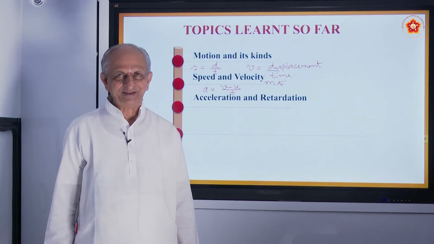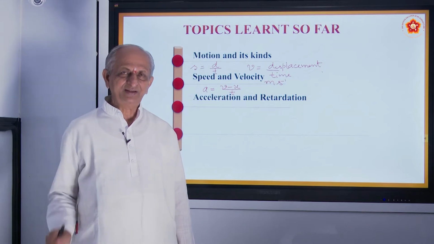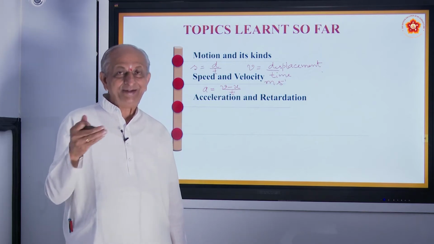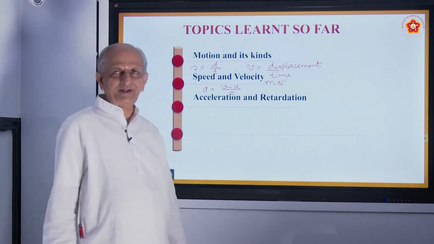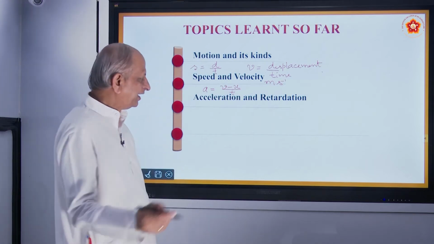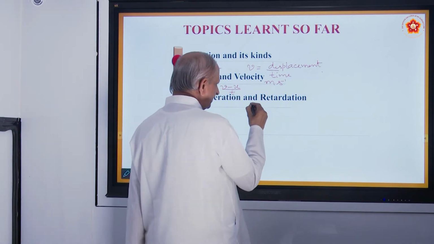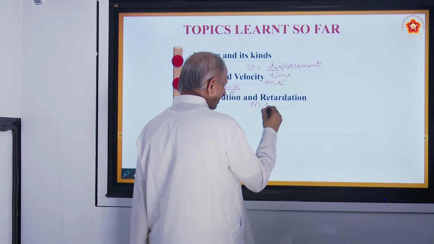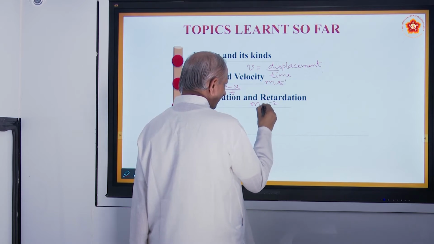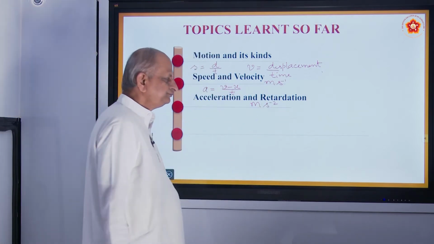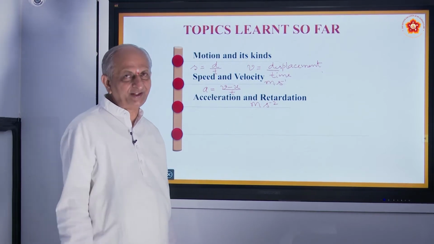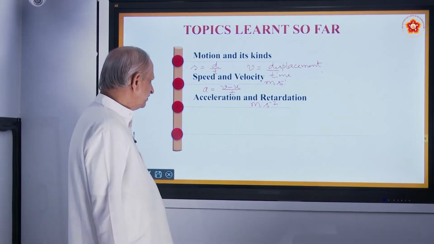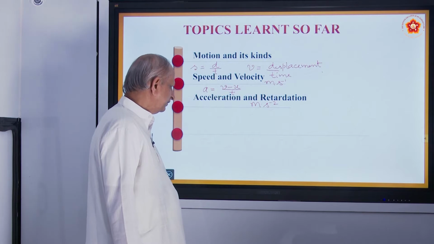That is called acceleration. And when it approaches the next station, the speed goes on decreasing, that is retardation. So one is acceleration, another is retardation. And the unit of measuring it is meter per second square, because it is rate of change of velocity, is it not? So it is a vector quantity.